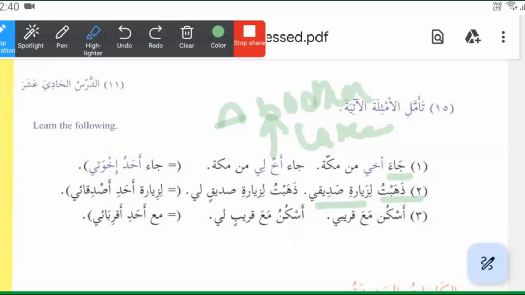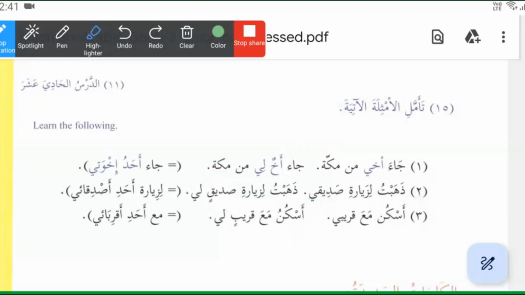Now here ذهبت لزيارة صديق لي, I went to visit a friend of mine. So actually it was صديق لي, it became صديقي. Now here لزيارة أحد أصدقائي, to visit one of my friends.